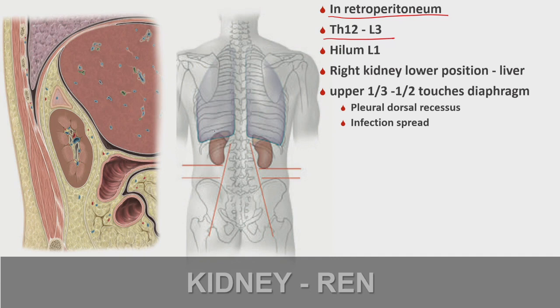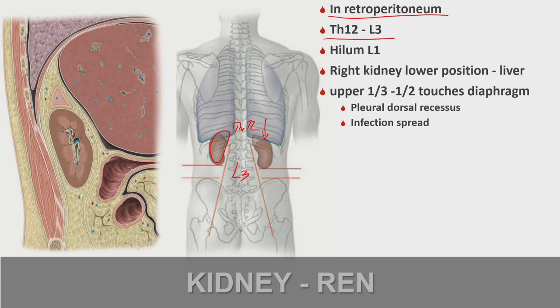The kidney is lying in the space between about TH12 and L4. The right kidney is a little bit lower because of the pressure of the parenchyma of the liver.